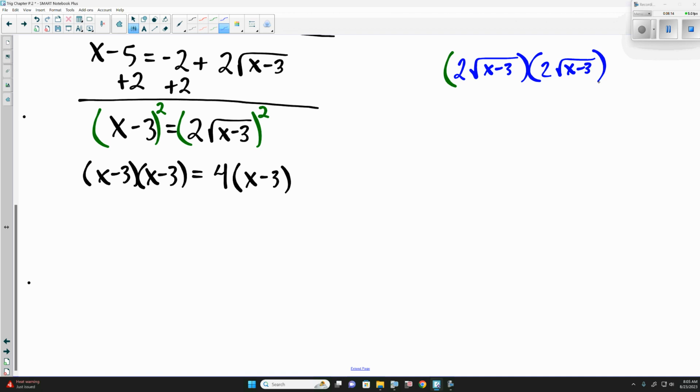When we multiply 2 monomials, because it is a monomial, one term, we multiply the numbers in front first. So our 2 times 2 gives us 4. The square root of x minus 3 times the square root of x minus 3 gives the square root of x minus 3 squared, which is just x minus 3. Do you all kind of see the difference?